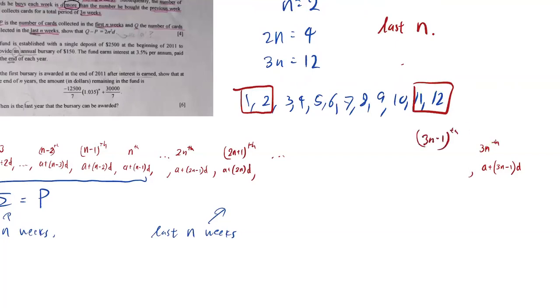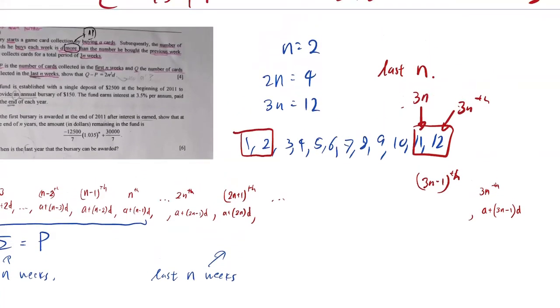No, this one is the N. So this guy is the 3N. Although in this case it is 3N minus 1, purely coincidentally because I picked N equal to 2 because I don't want to draw so many numbers. In general, this is 3N minus 2N plus 1. Yeah, I was right the first time.